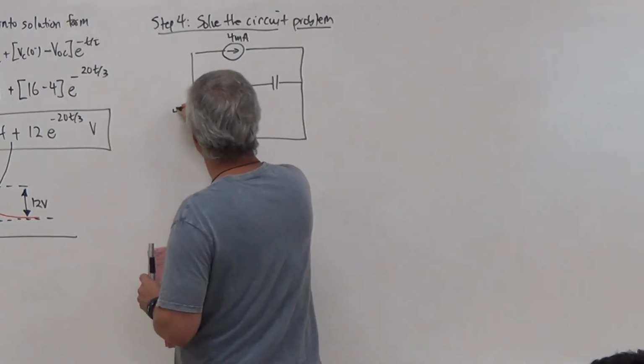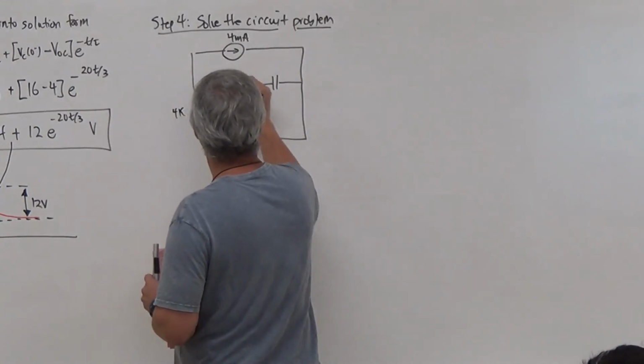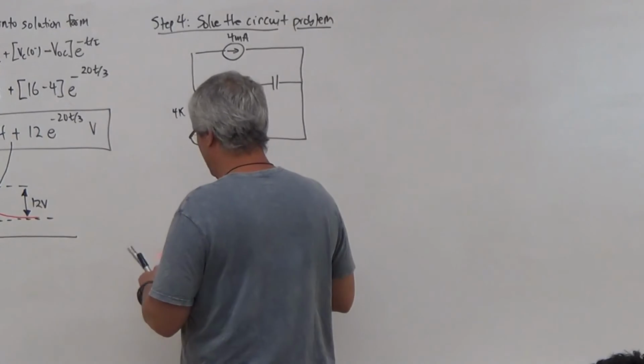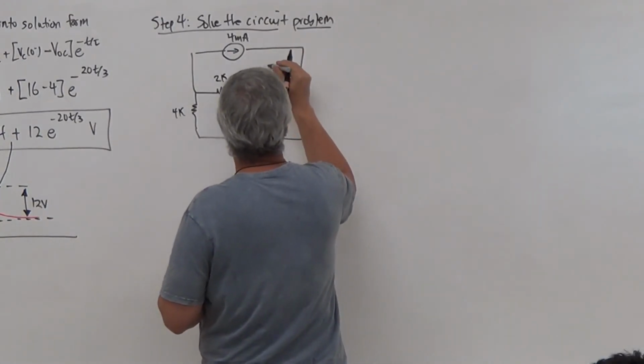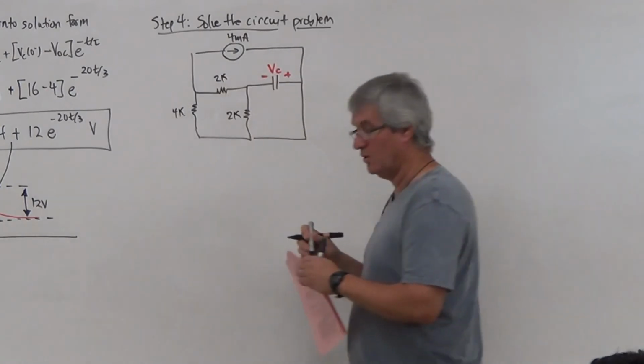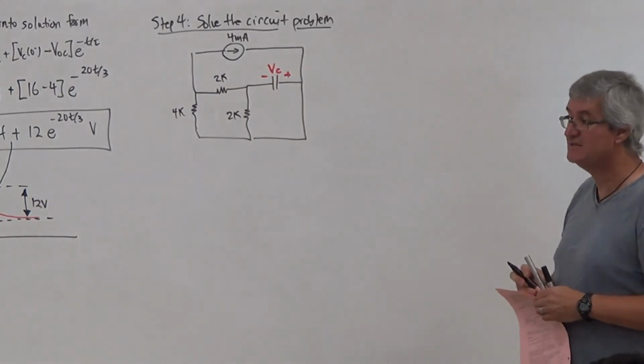And so this is 4K, 2K, 2K, and then I have this guy right here. So I now have my VC.